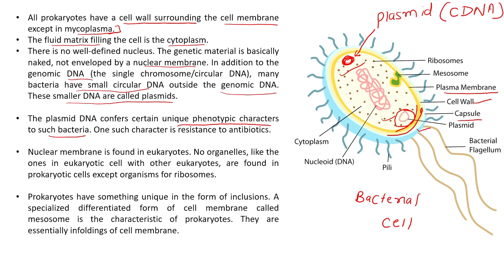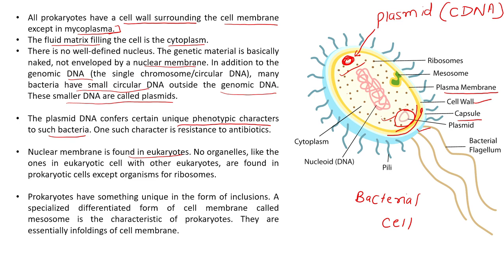A nuclear membrane is found in eukaryotes. I already told you prokaryotes contain a nucleus without a nuclear membrane, but eukaryotes have a nucleus and this nucleus has a nuclear membrane outside. In a prokaryotic cell there is no organelle present, but only ribosomes are present.